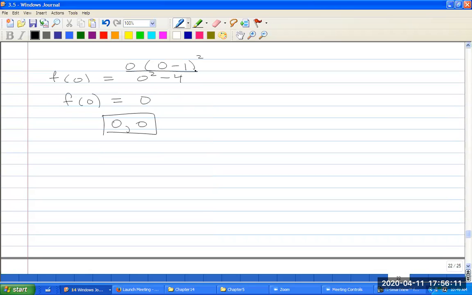It has no symmetries. So symmetry, that is going to be none.